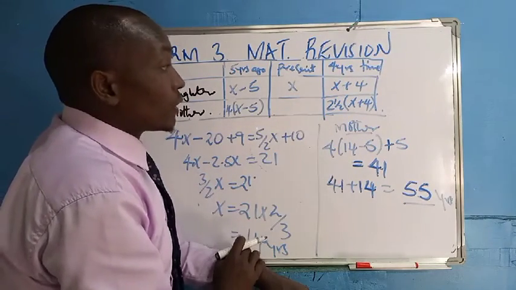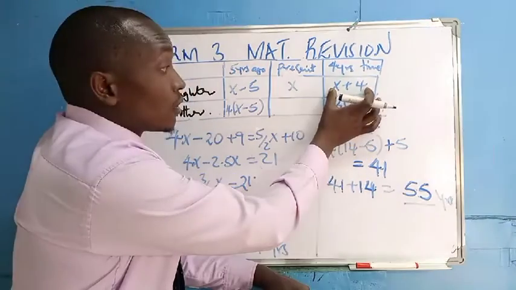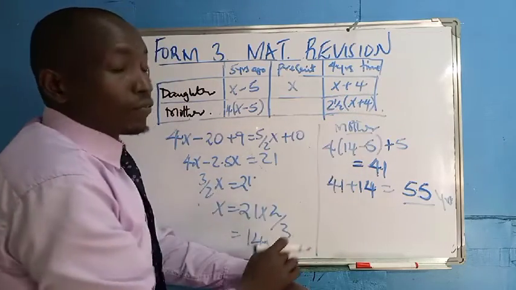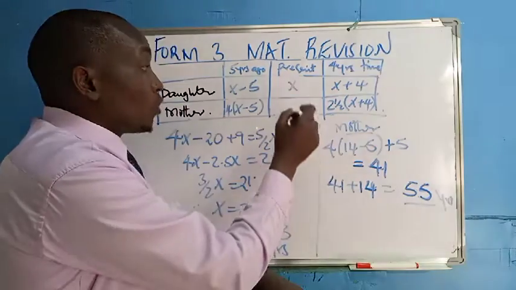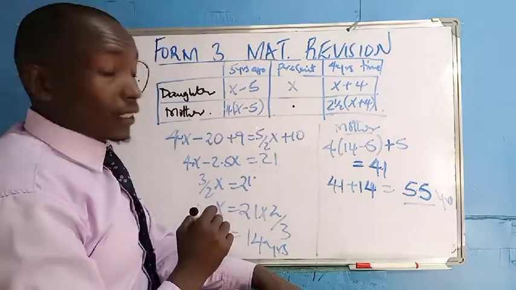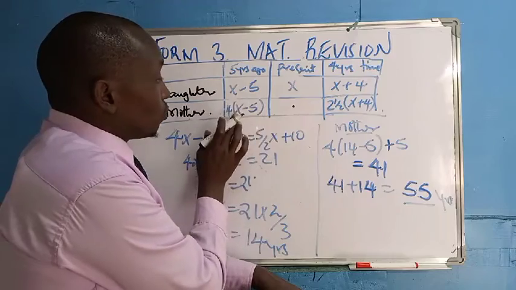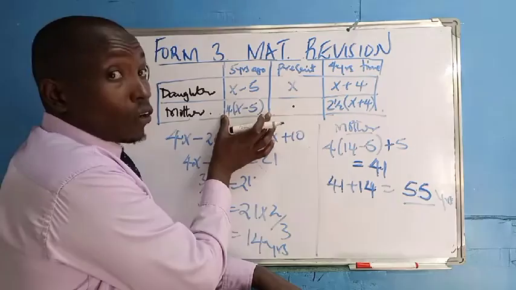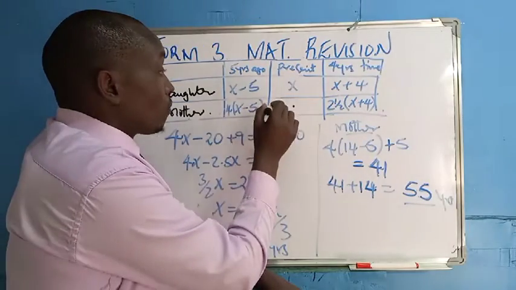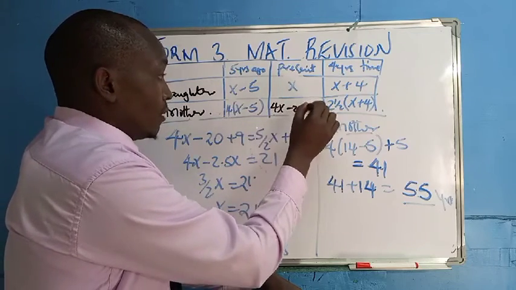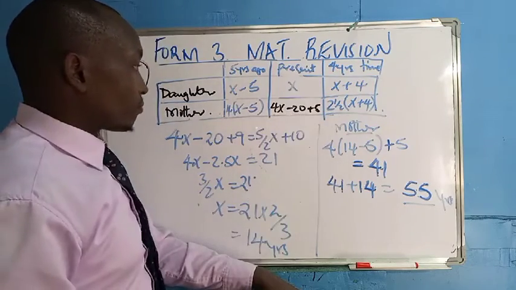The mother will be the age of the daughter multiplied by 2.5. Just that. So all we're looking for is the present age. Yeah, the present age of the mother. I can decide to do, it is her age 5 years ago. I add 5. So it is 4x minus 20, then plus 5.